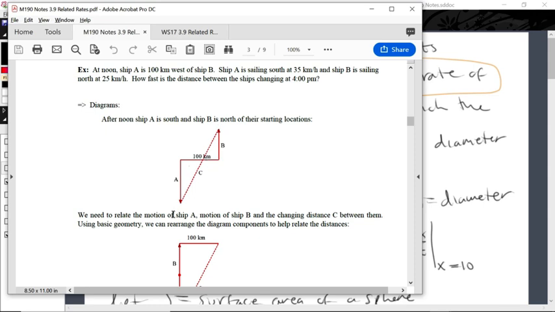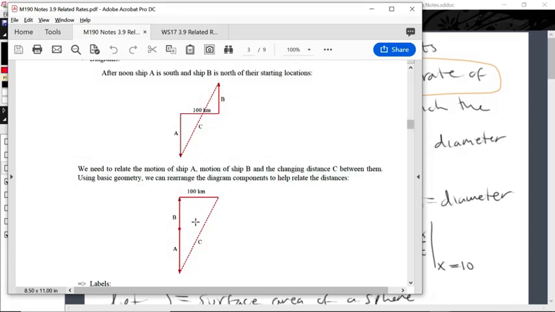Well, notice we could create a larger right triangle here. The distance that ship A traveled here is the same as the distance from this point down to here, and this 100 kilometers is the same as this length here. So we could create a larger right triangle, whereby C is the hypotenuse. The diagram suggests that we could do that.